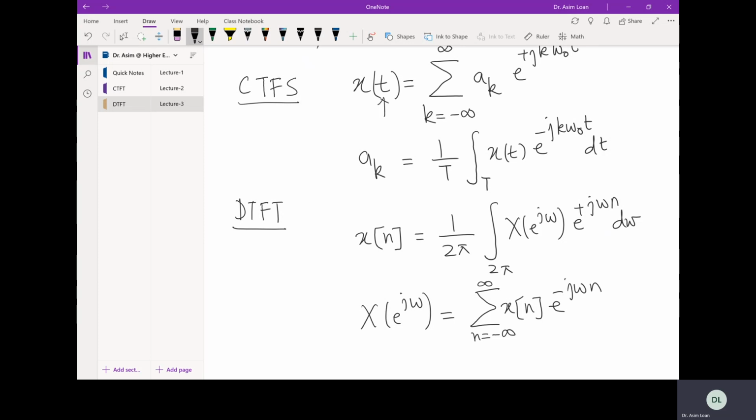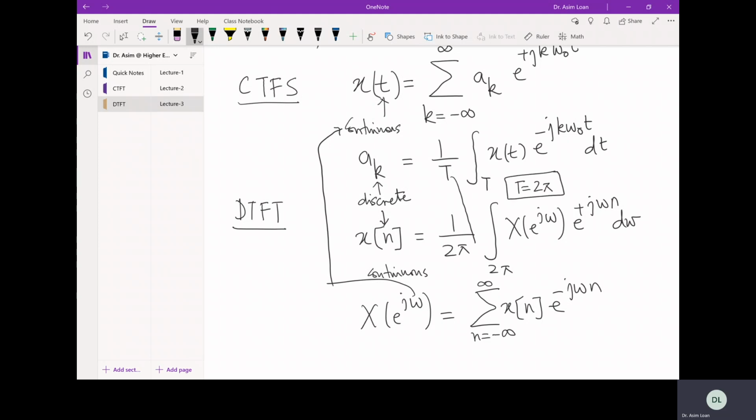This t is continuous. This omega is continuous. This k is discrete. This n is discrete. So if I compare these two equations, T equals 2 pi. So this is the first thing.